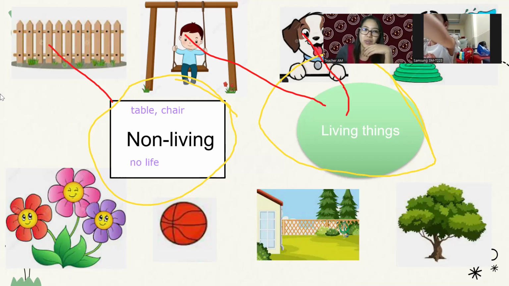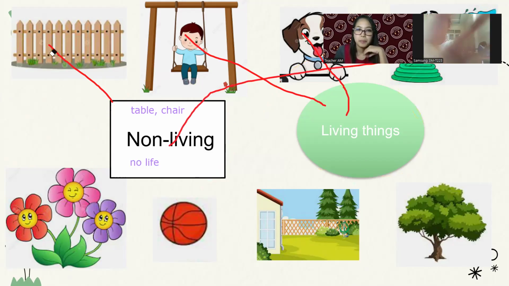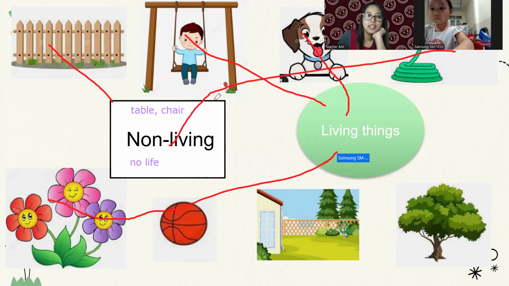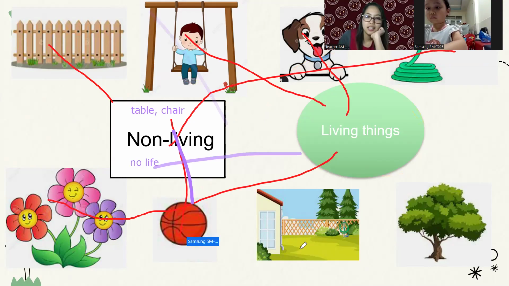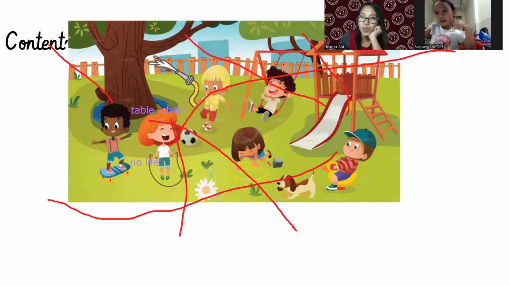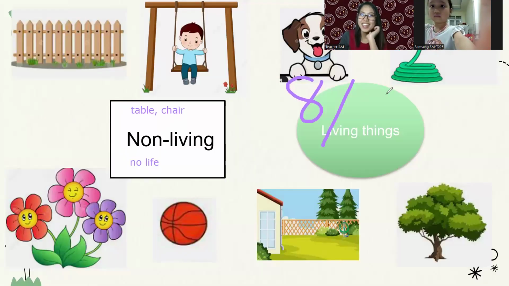Now, wow, there you are. You already started. Okay, non-living, living things, non-living. And what about this house? Very good. You've got it. All correct, Amy. So for this one, you've got a perfect score of 8 out of 8.